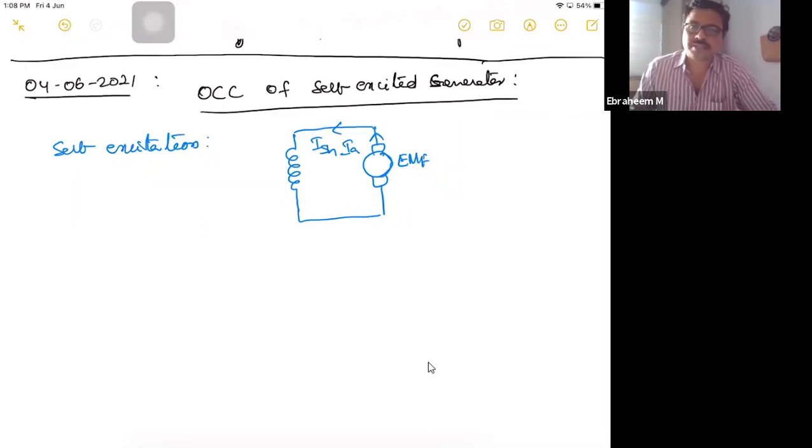Because we need magnetic flux in which our conductor is rotated.